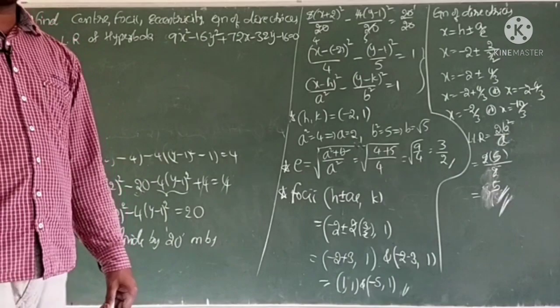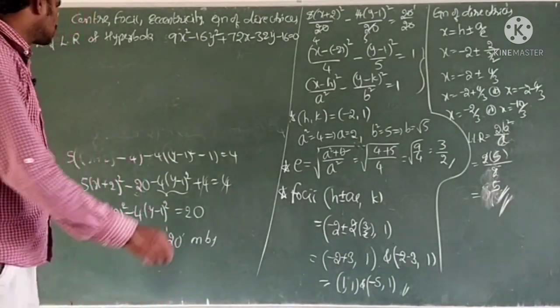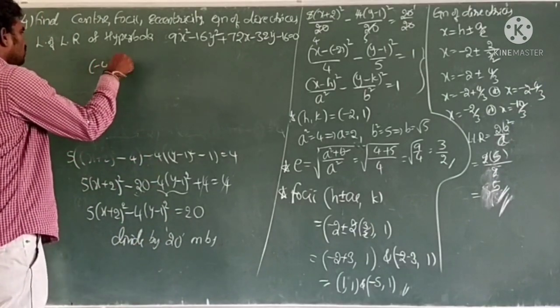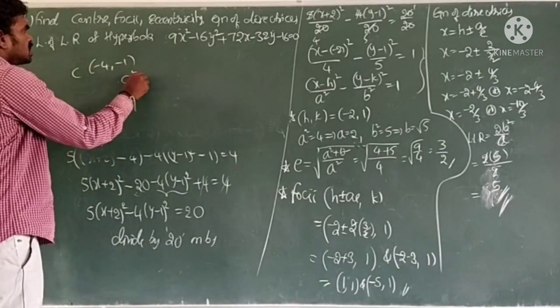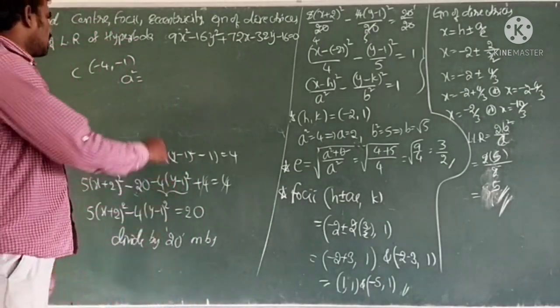Of course here also same type of question. The answers are: center (minus 4, minus 1), a square is 16, b square is 9.